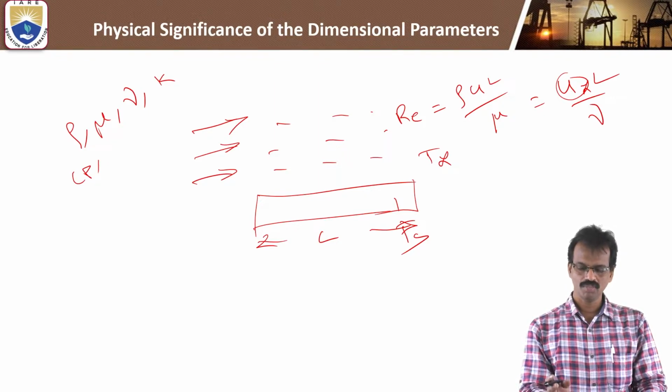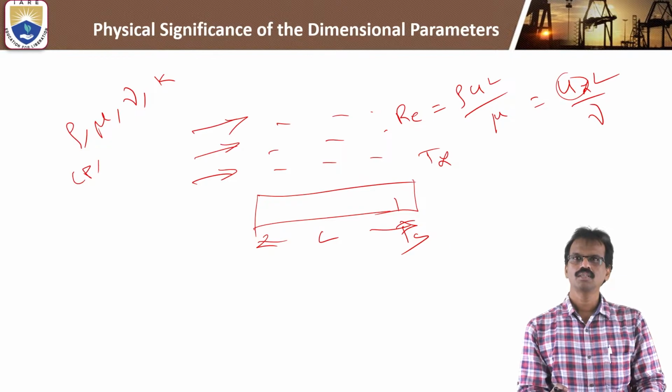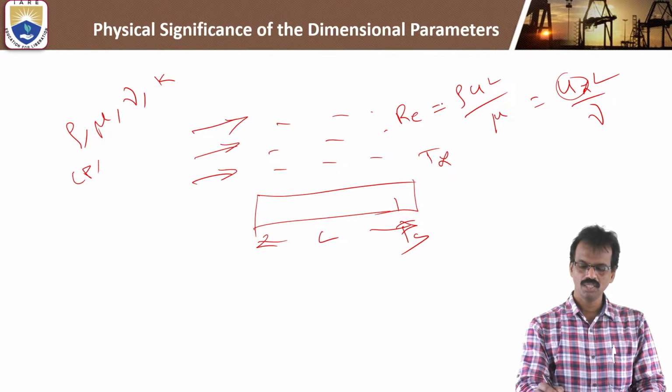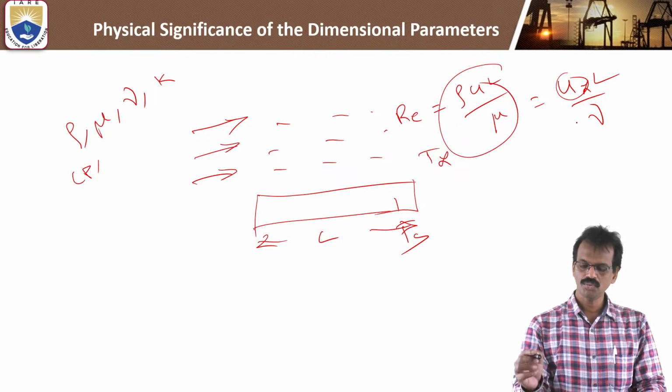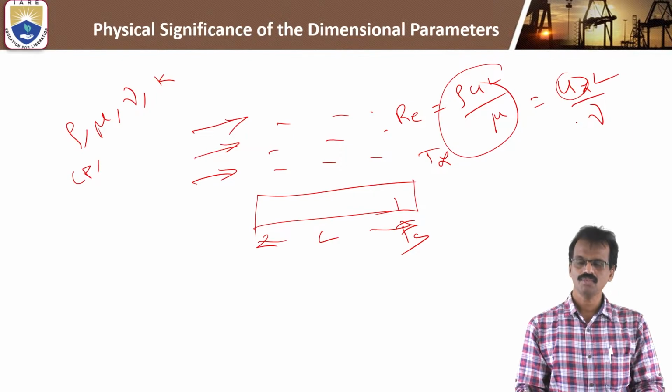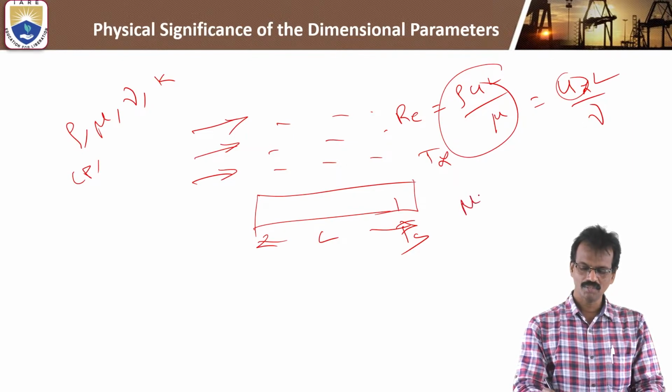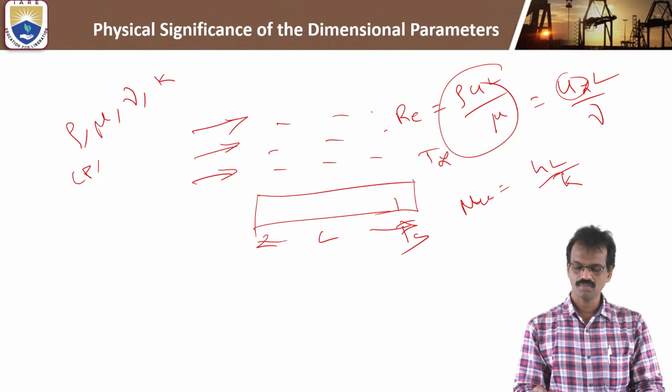So what we taught in the previous class: Reynolds number is equal to rho u l by mu, or u l by nu. Similarly, Nusselt number is equal to h l by k. Here L is the length, h is the heat transfer coefficient, and k is the thermal conductivity.